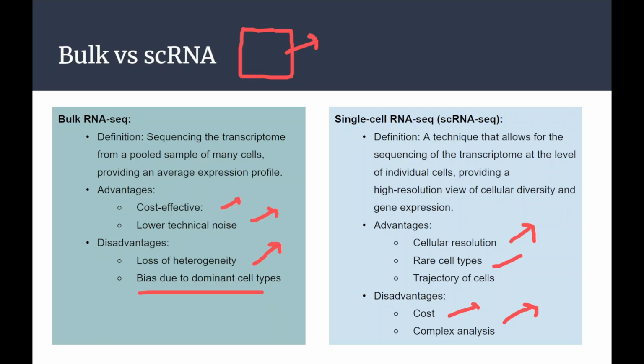Initially we have a few cell types, and some of them mature into different cell types. That is a part of development, or evolution. We can study those things with the help of trajectory analysis in single cell. So these are a few advantages of single cell over bulk RNA.